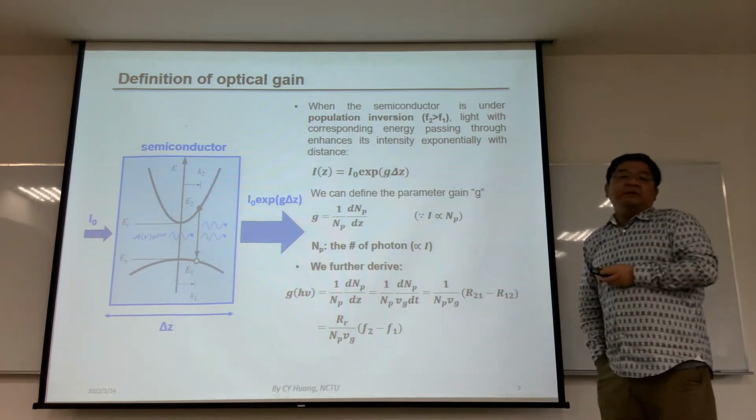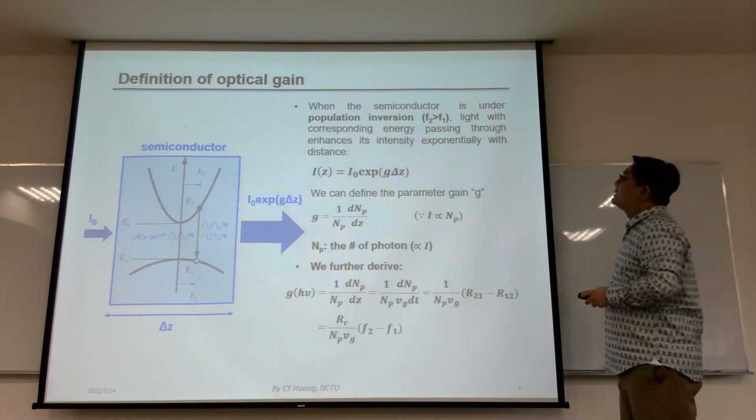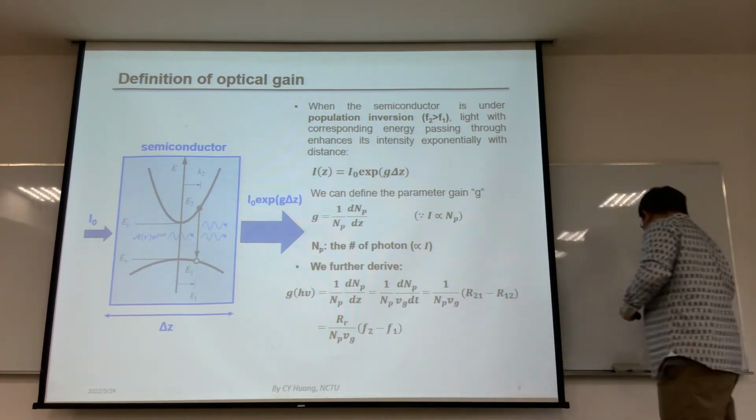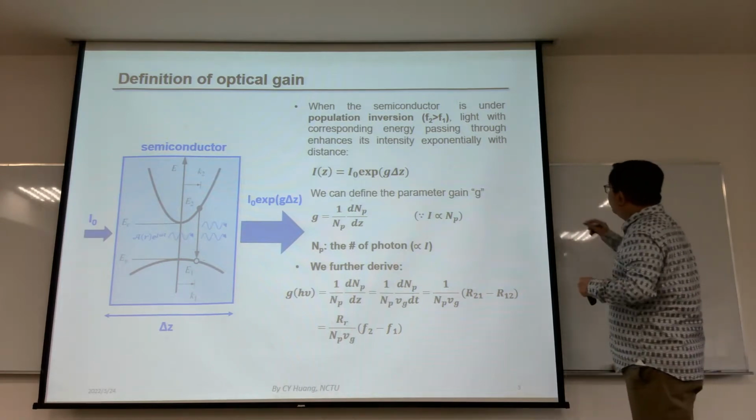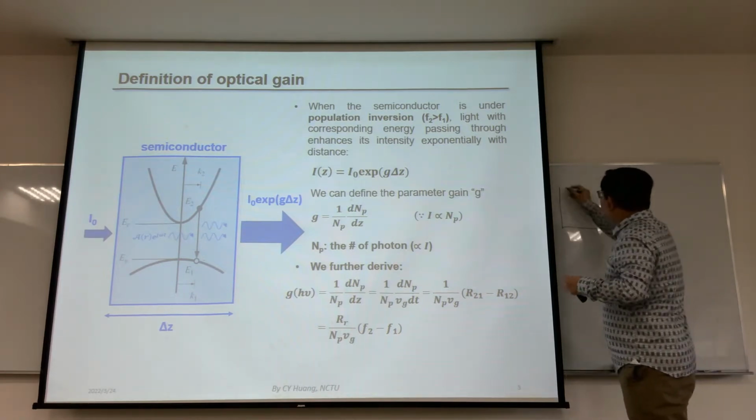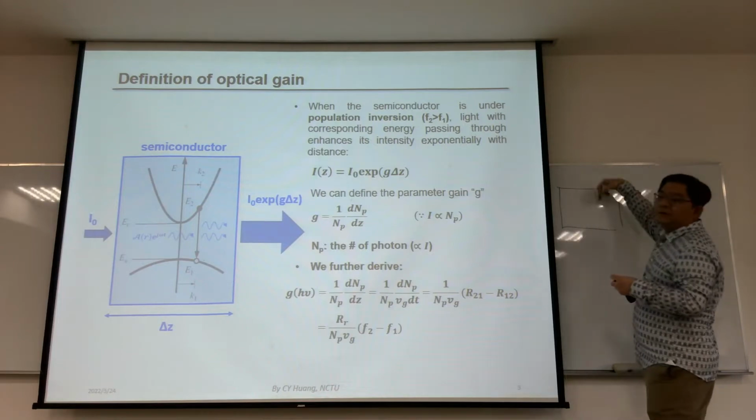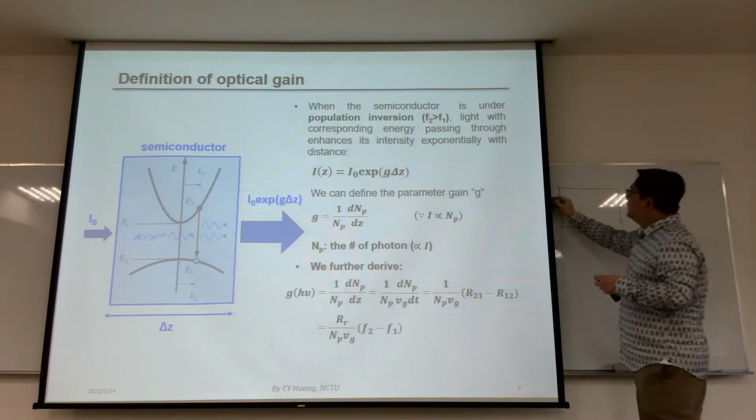We can start with the term optical loss. This is the Beer-Lambert law.